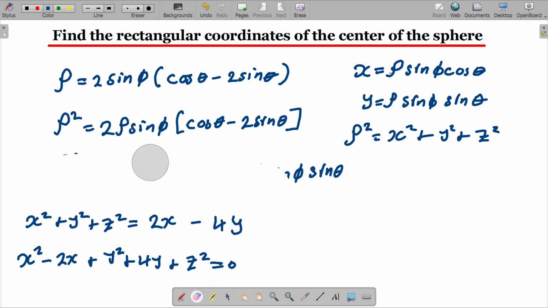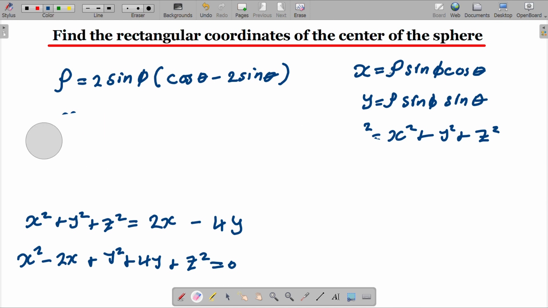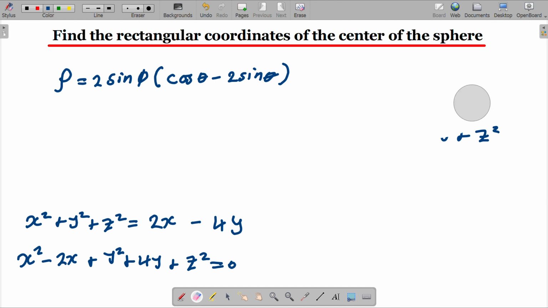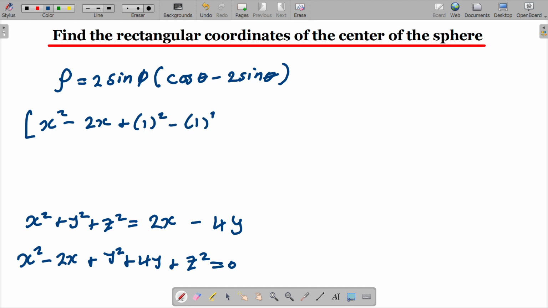What we need to do again here is just complete the square. That's what makes such questions very simple and interesting to work with. So completing the square, you're going to have x squared minus 2x plus 1 squared, minus 1 squared. Then plus y squared plus 4y, then plus, what are we going to have here?